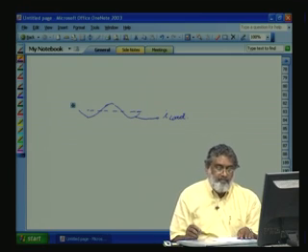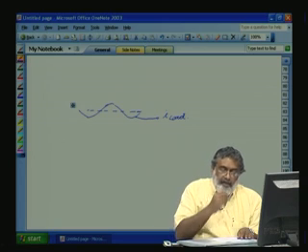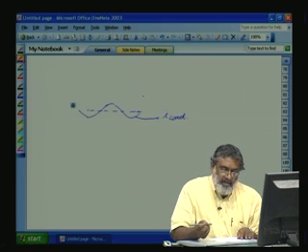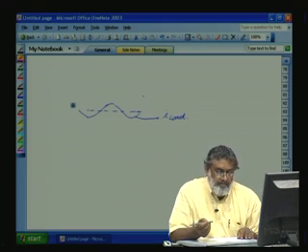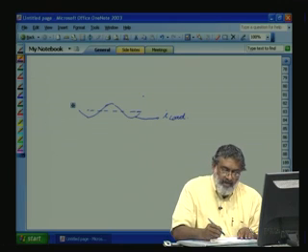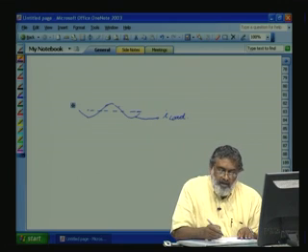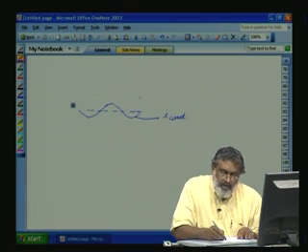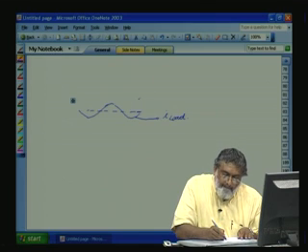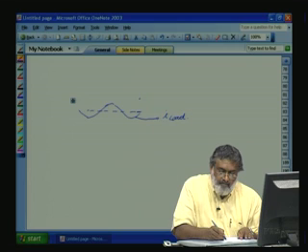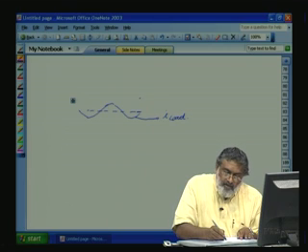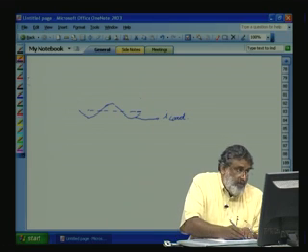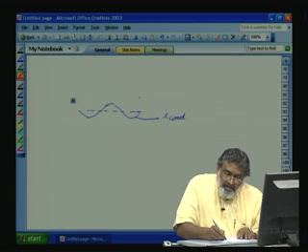Now, the reference waveform, the actual waveform that we want from the PWM modulation is, let this be this one.